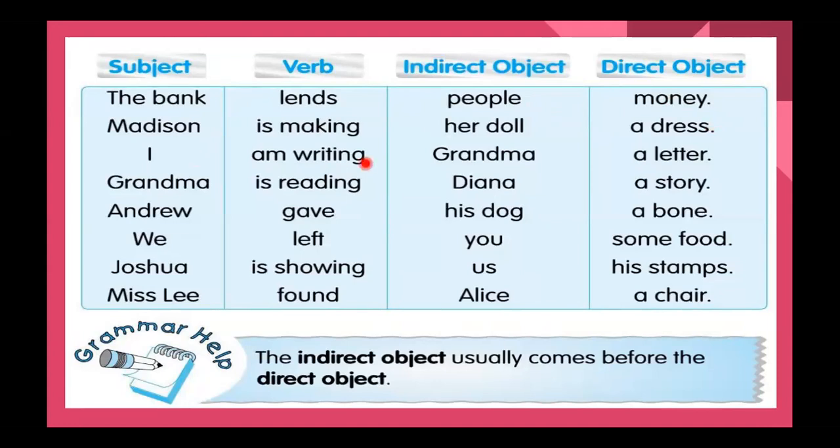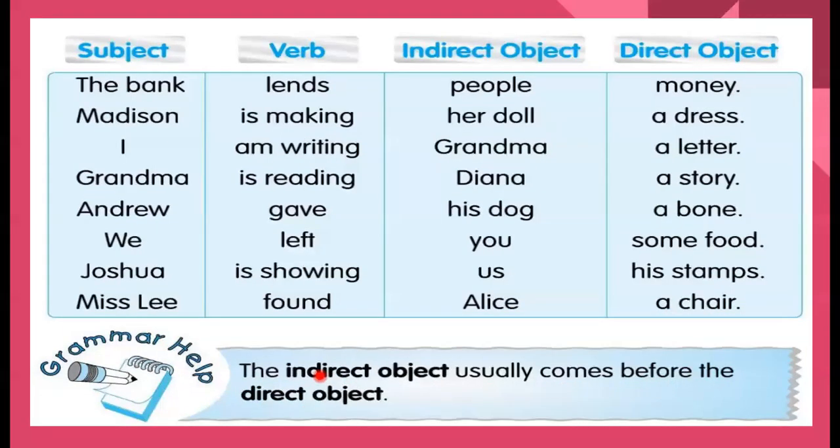I am writing Grandma a letter. Grandma is reading Diana a story. Andrew gave his dog a bone. We left you some food. Joshua is showing us his stamps. Miss Lee found Alice a chair. Read out this also: the indirect object usually comes before the direct object.